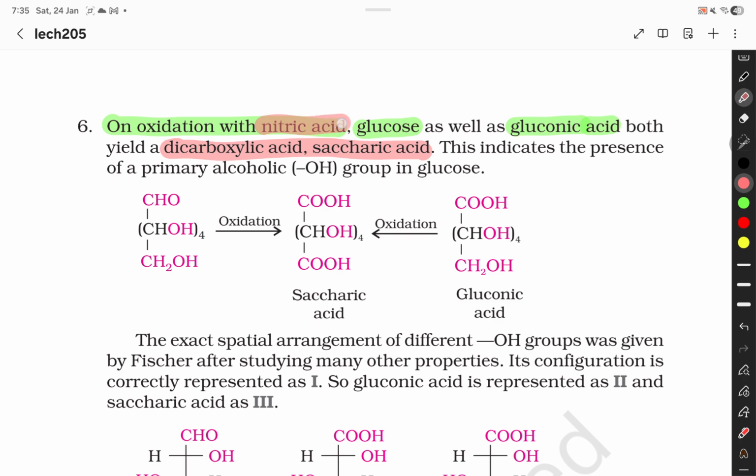On oxidation with nitric acid, glucose as well as gluconic acid yield a dicarboxylic acid, which is called saccharic acid. It indicates the presence of a primary alcohol group in glucose.